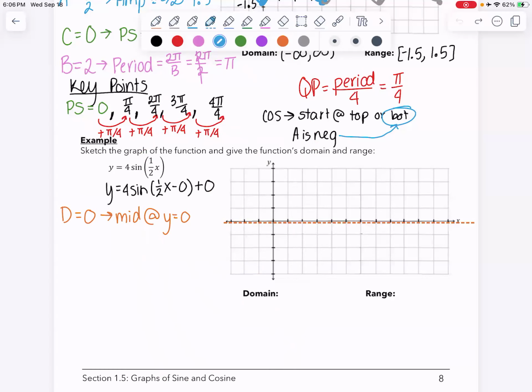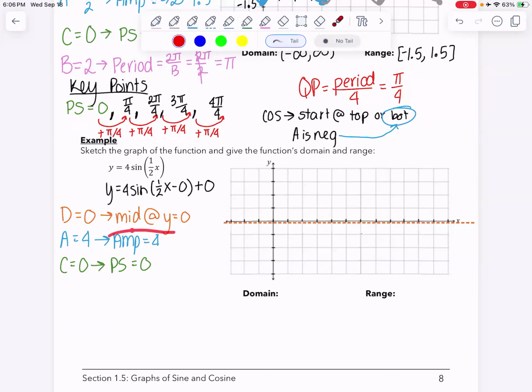Our a value is 4. The number up front is 4, which means our amplitude is 4. There is no phase shift because c is 0. Let's use the amplitude real quick to draw some lines.